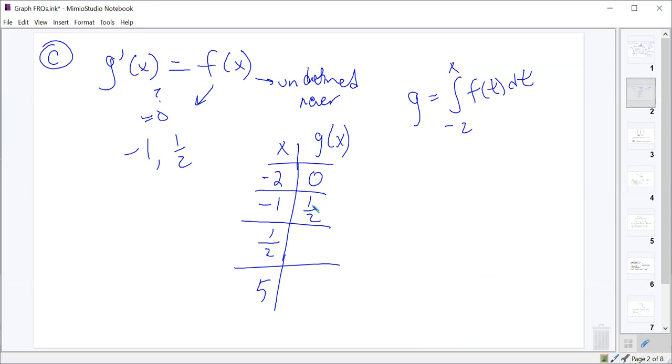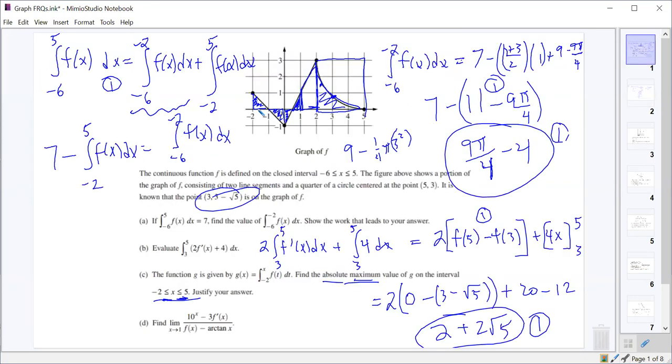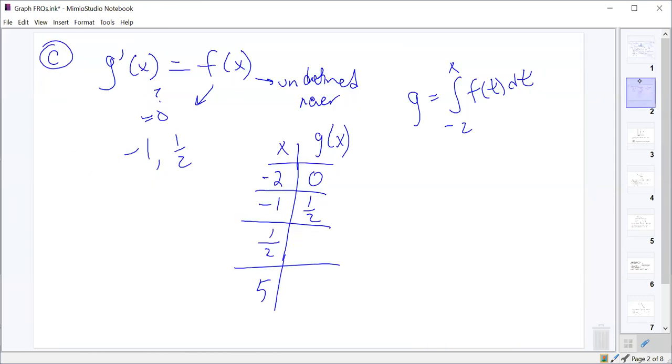So it could be at -1. What about at 1/2? The integral from -2 to positive 1/2. Well, this -2 to 0 cancels out, and then I just have the 0 to 1/2, which is -1/4. I find the area of that little tiny triangle. So clearly that is not the absolute max since it's less than half.